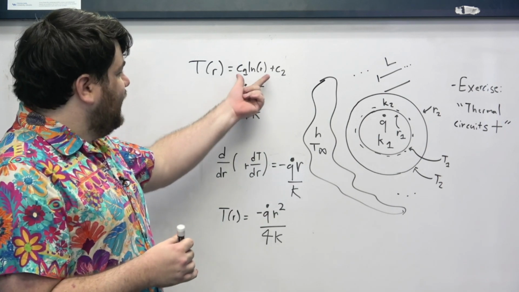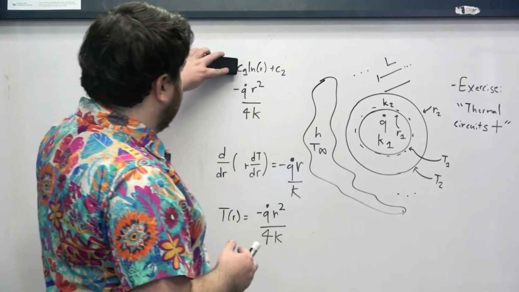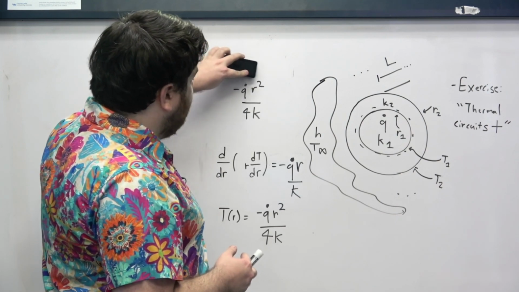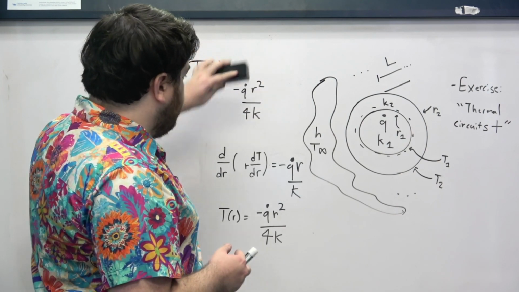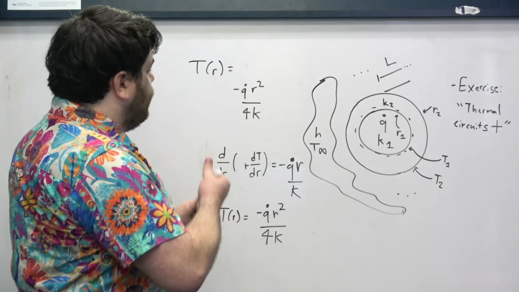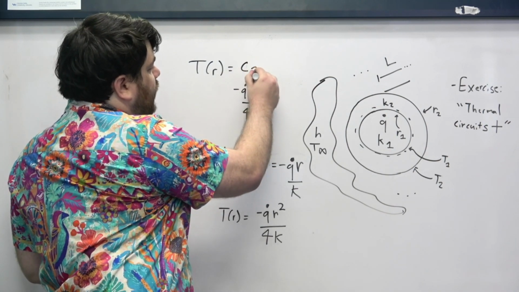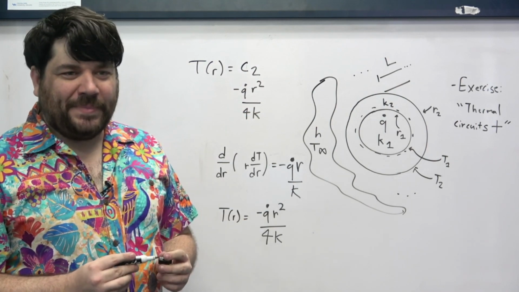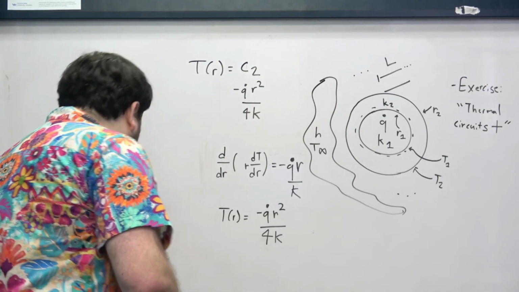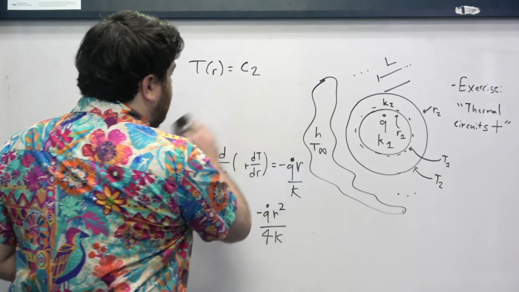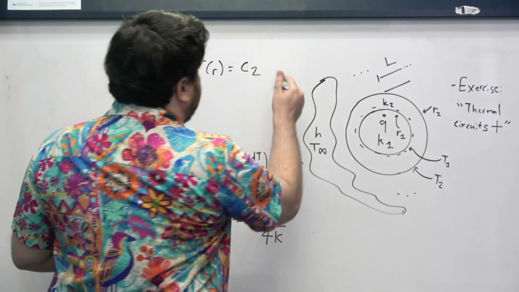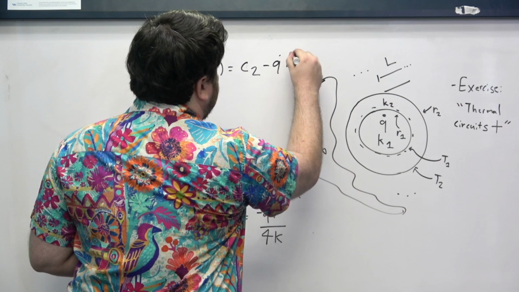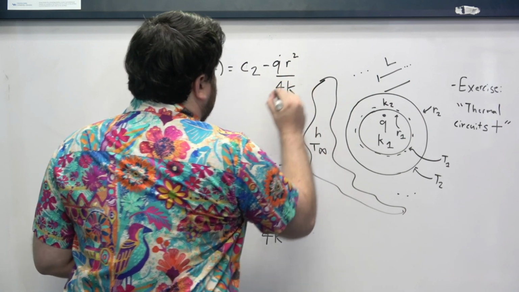Here, we have to say that C1 is equal to 0 in order to avoid that temperature blowup. And so what we're left with is just some constant C2 minus q dot r squared over 4k. I guess I should write it over here to make it a bit clearer that this is a subtraction: q dot r squared over 4k.